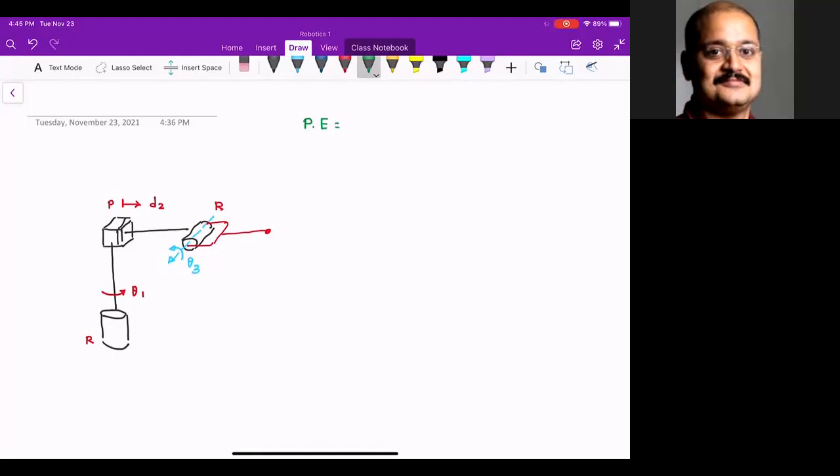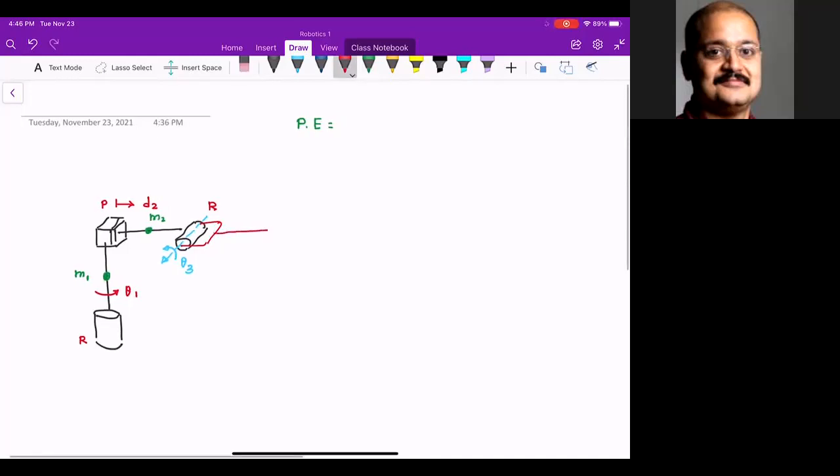Now, for the first link, I'm going to represent this as M1. For the second link, I'm going to represent this as M2. And for the third link, I'm going to represent this as M3.